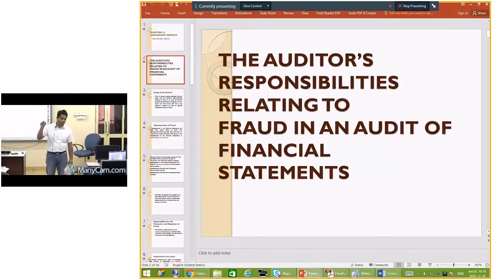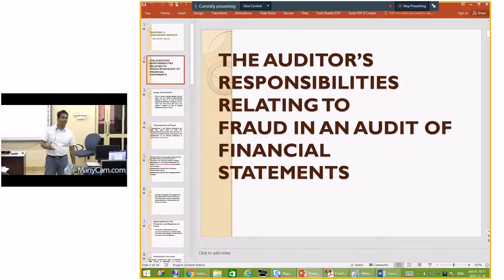If it is a fraud not detected by the auditor, and it becomes a material fraud, huge fraud or significant fraud, previously we talked about mega frauds. You can use the word mega fraud, not detected by the auditor.